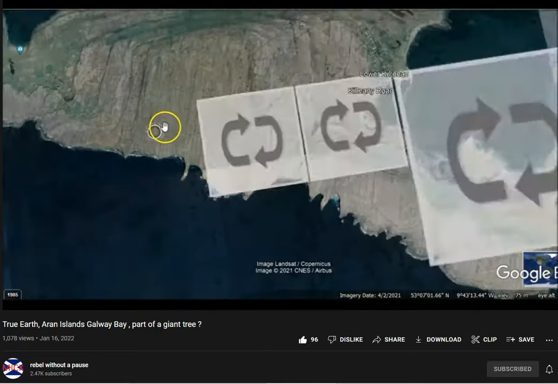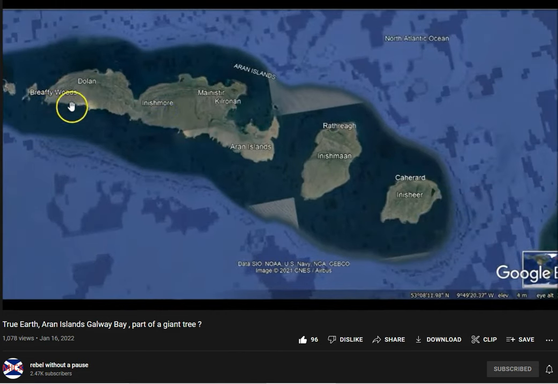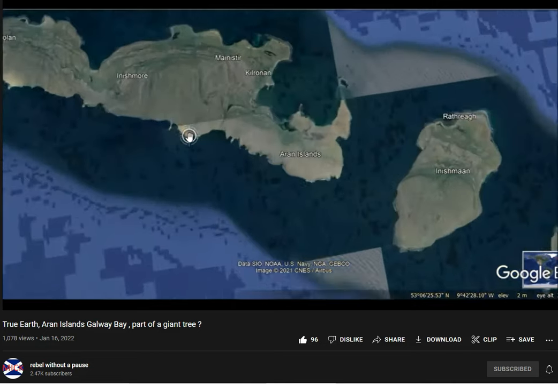So have a look at them later and have a closer look at this cliff. The cliff only goes down this side of the island. And I was trying to think, well, what could it have been? What if it was part of a giant tree?